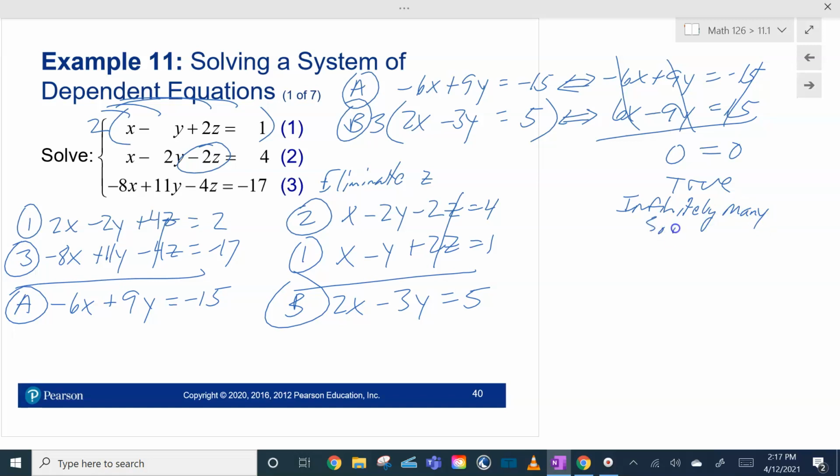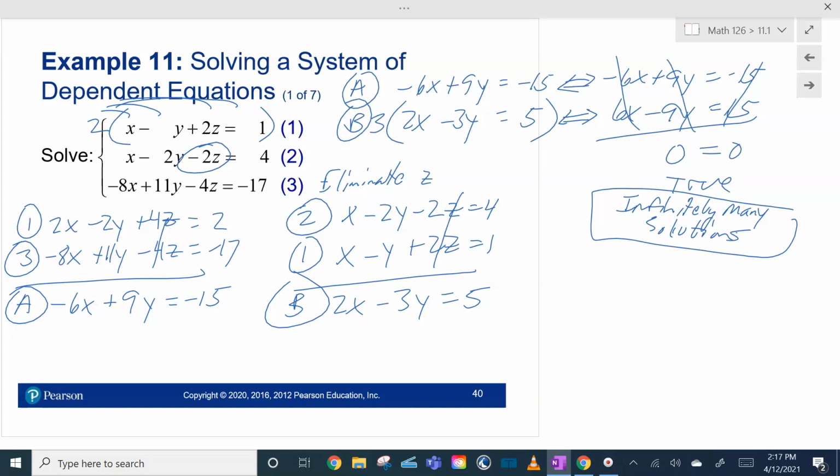But we're going to be more specific about this. Yes, we have infinitely many solutions. But what we're going to do is take A or B, it doesn't matter, and solve for y.